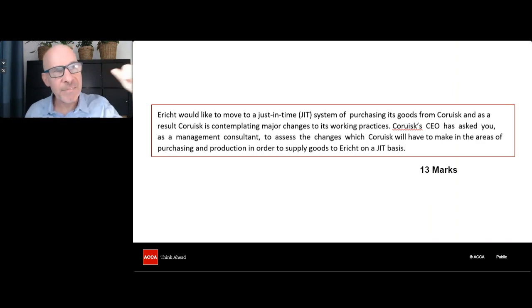Now, look at this. This is a beast of a requirement. So this is an example of an embedded task that needs planning. Have a read of there. Can you find the embedded task?